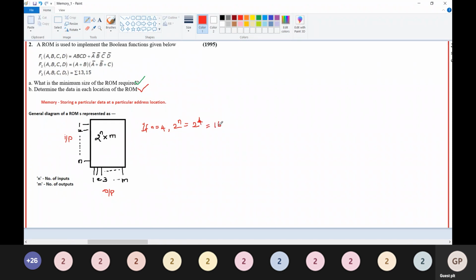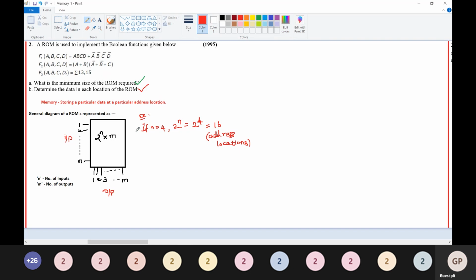So we'll have 16 address locations. Okay, this is just an example, n is equal to 4.